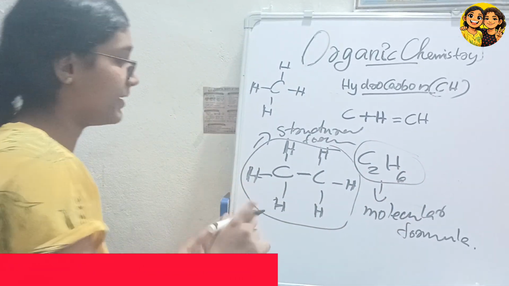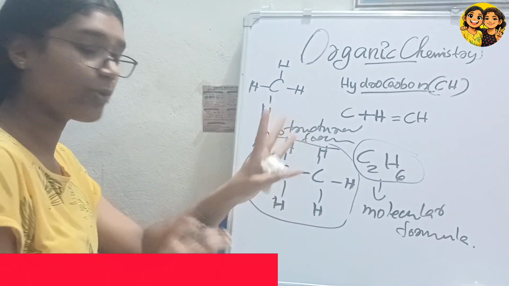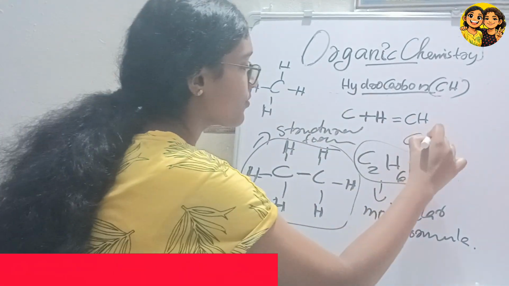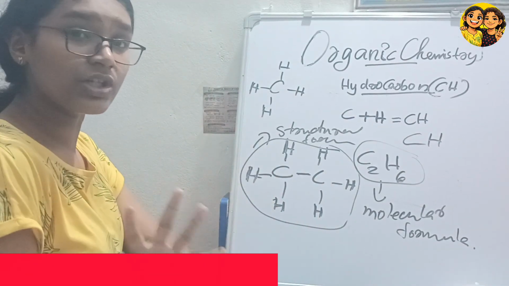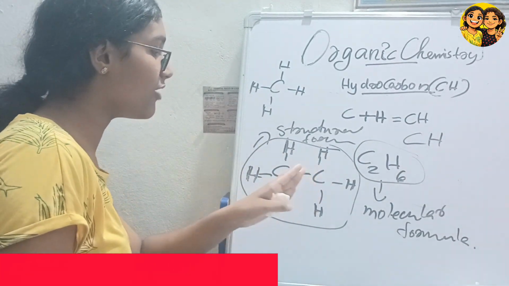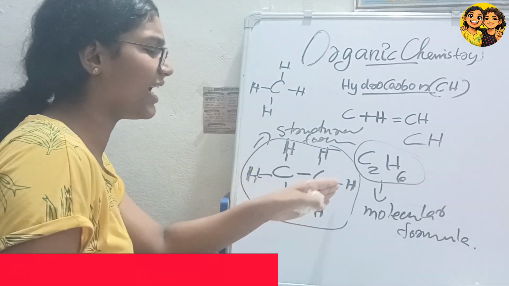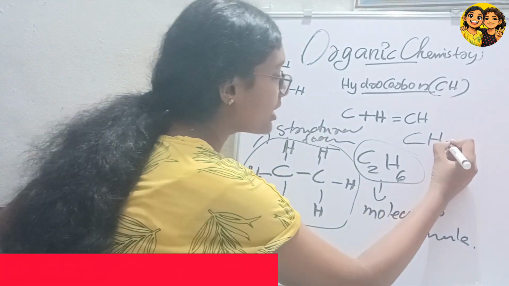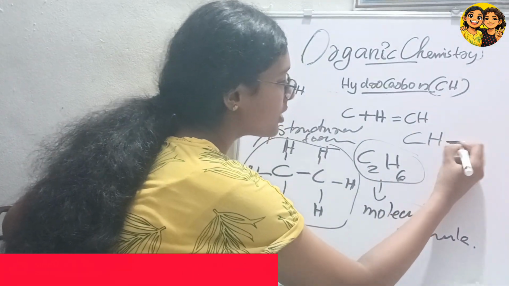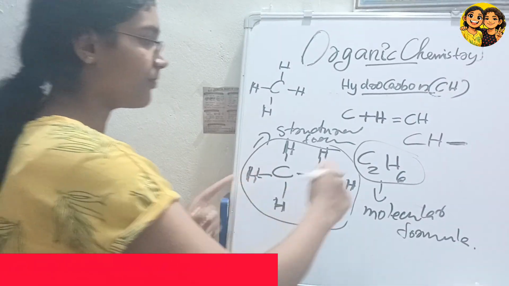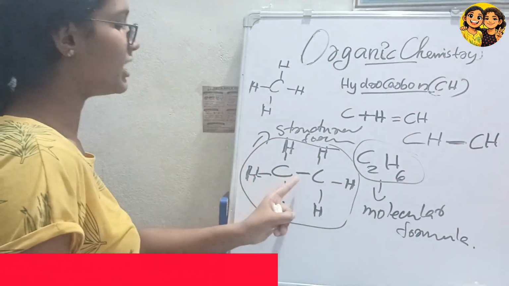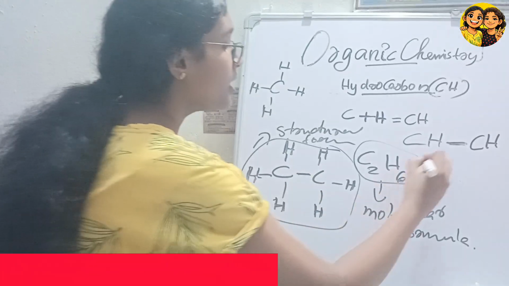Now what about the condensed formula? For this we are going to write the condensed formula. It would be like this, again writing CH. Okay, we are going to take this step itself, but we are not going to write the H like this, but these two are the same. Look, we have a single bond from a carbon to another carbon.